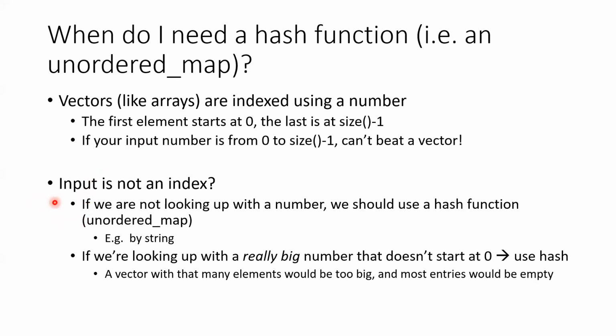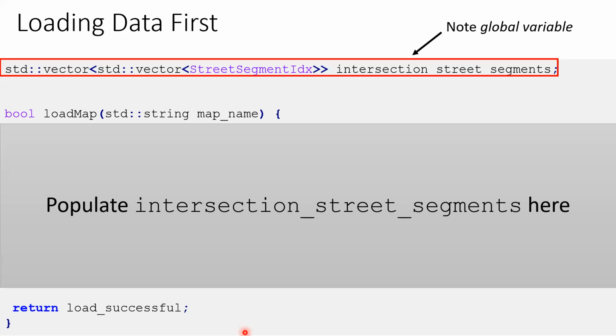But in other cases, if your input is not an index, so it's not a continuous range between 0 and size minus 1, such as if we're looking up with a string, or if we have a really, really large range of indices that most of them are unused, then if we use vectors, we are wasting memory space. In that case, we should be using unordered map. But in this case, we just use vectors.